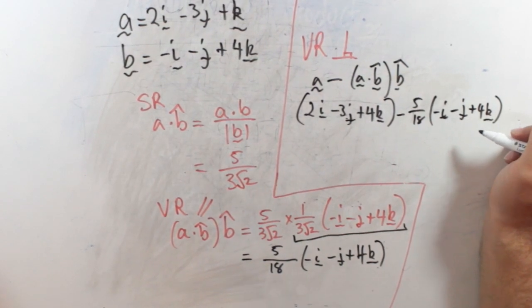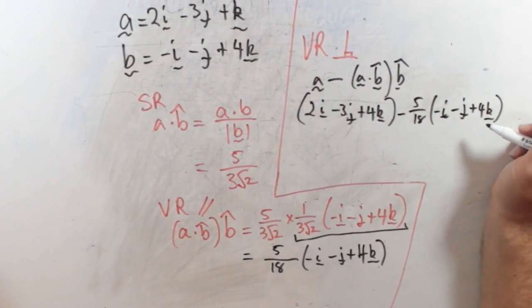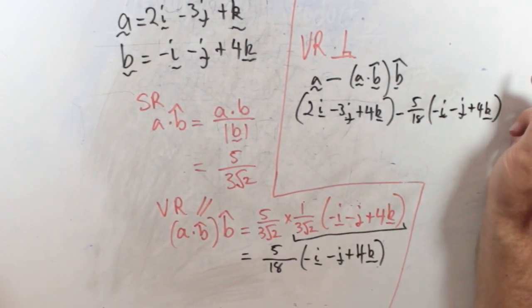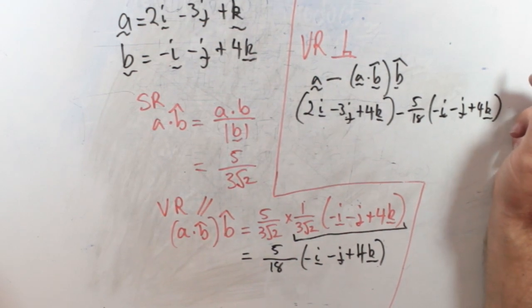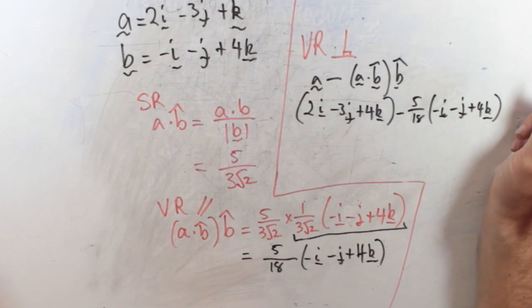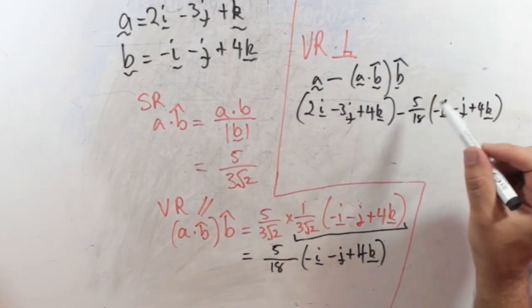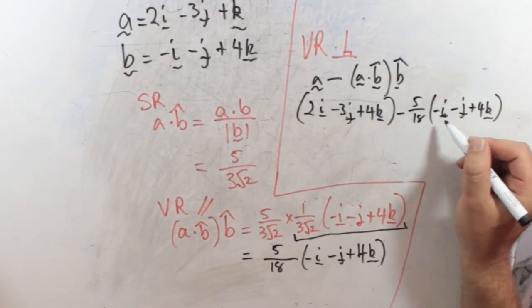Okay, now we need to put this together somewhat. How on earth are we going to do that? With great difficulty, I imagine. All right, we're going to have to expand some of this out and add fractions. Okay, so what have we got?